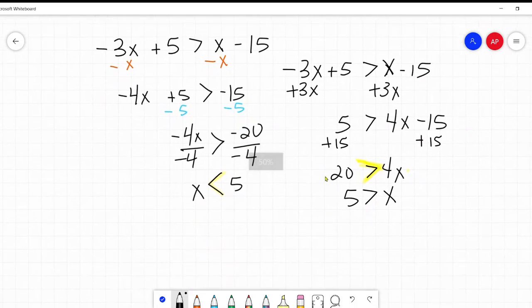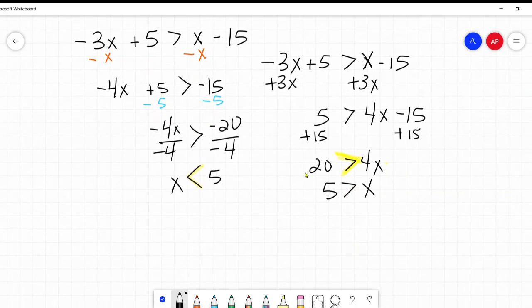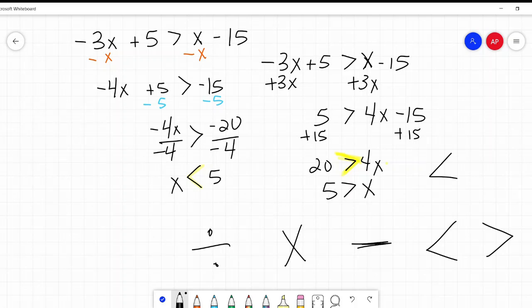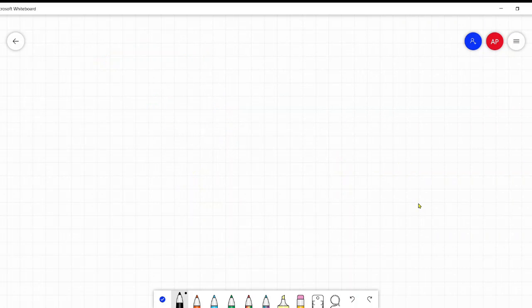If you divide or multiply by a negative, you have to flip your symbol, whether it's greater than, less than, greater than or equal to, or less than or equal to. Either one, if you multiply or divide by a negative, you flip the sign in the next step. And that's not hard. Is it hard to just write it the other way? No, of course not. What is hard sometimes is just to remember to do it.